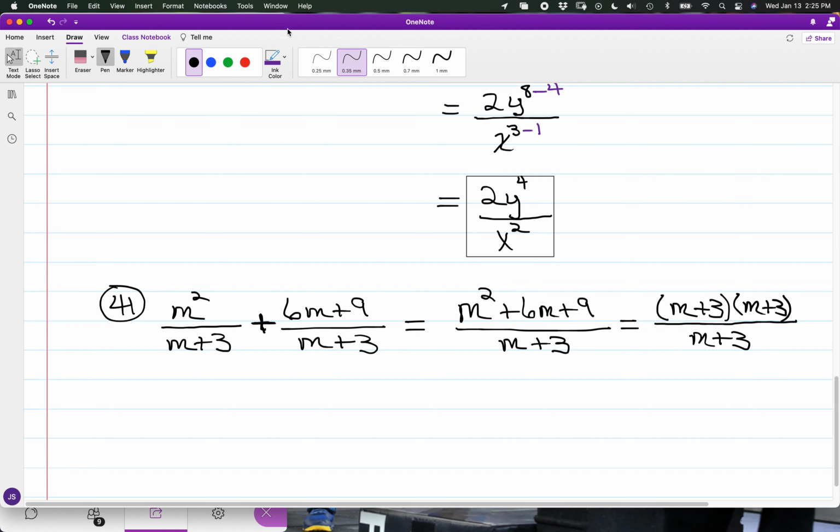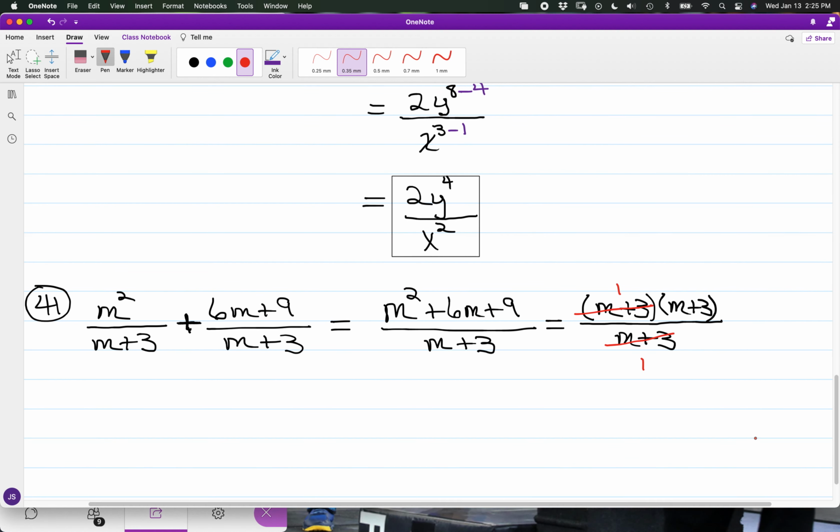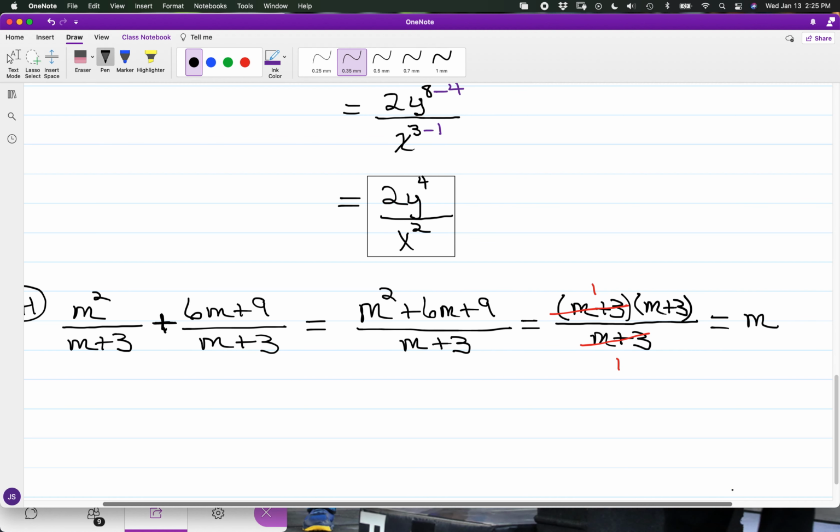So you have a trio of m plus 3 binomials. And we're going to get a set of m plus 3's to cancel out. So that means we have 1 m plus 3 remaining, which comes from the numerator. So the reduced form resulting from adding these ratios together is going to become m plus 3.